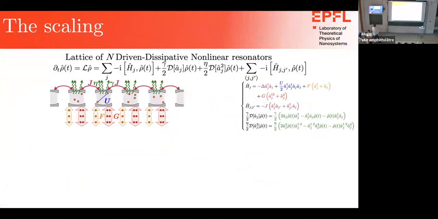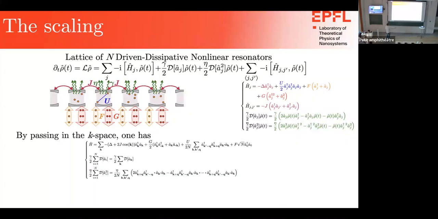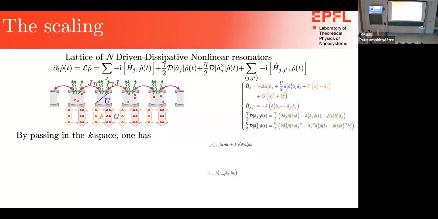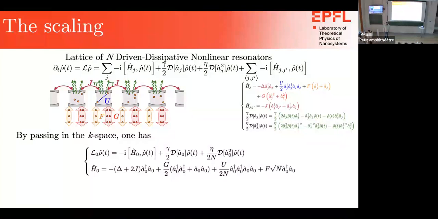So, why do I claim that there is a thermodynamic limit in a single resonator? I will do something very crude, don't criticize me on that. Consider a lattice of n resonators. They are coupled, they're hopping between them, and each one of them dissipates, each one of them has nonlinearity. Then I pass to the K space, the momentum space of this resonator, and I get my equation of motion in K space. Then I consider just the K equals 0 mode.